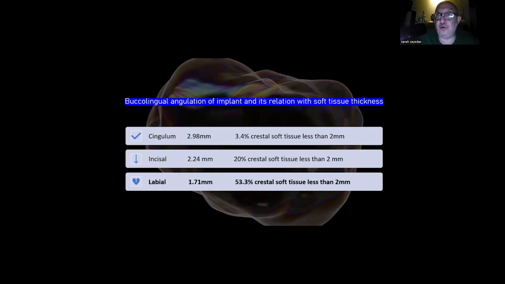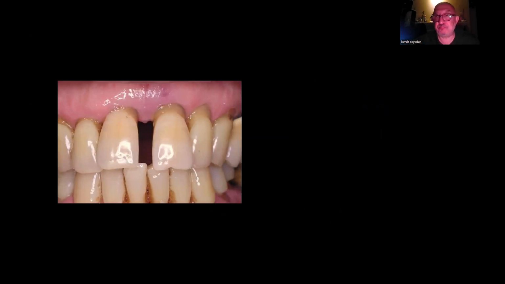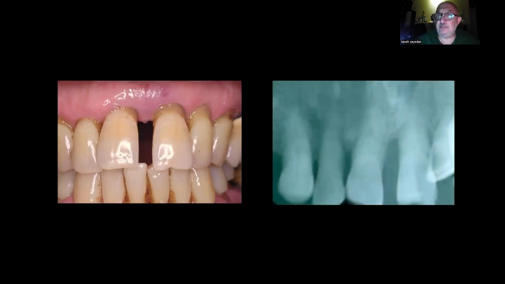And if you place the implant with a buccal inclination, then in 53% of the cases you will have soft tissue loss at the buccal surface, and the thickness of the soft tissue would be around 1.7 millimeters.